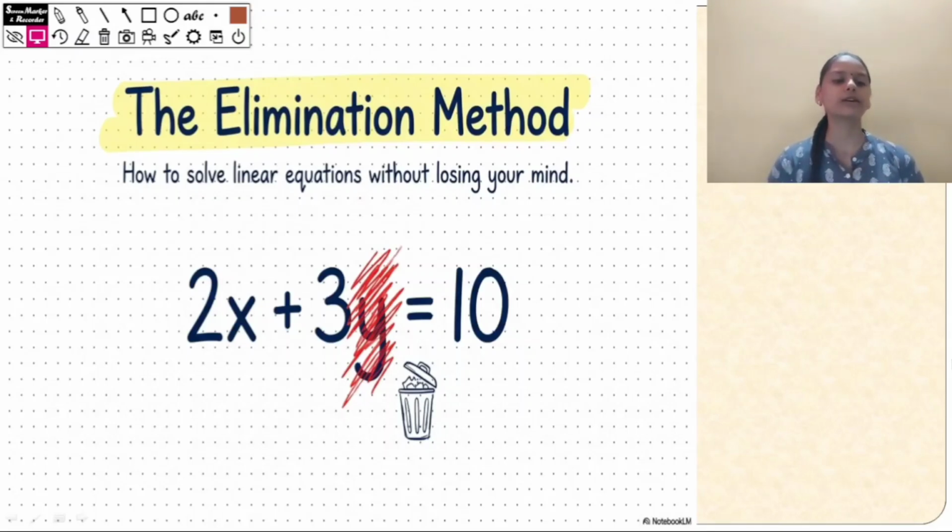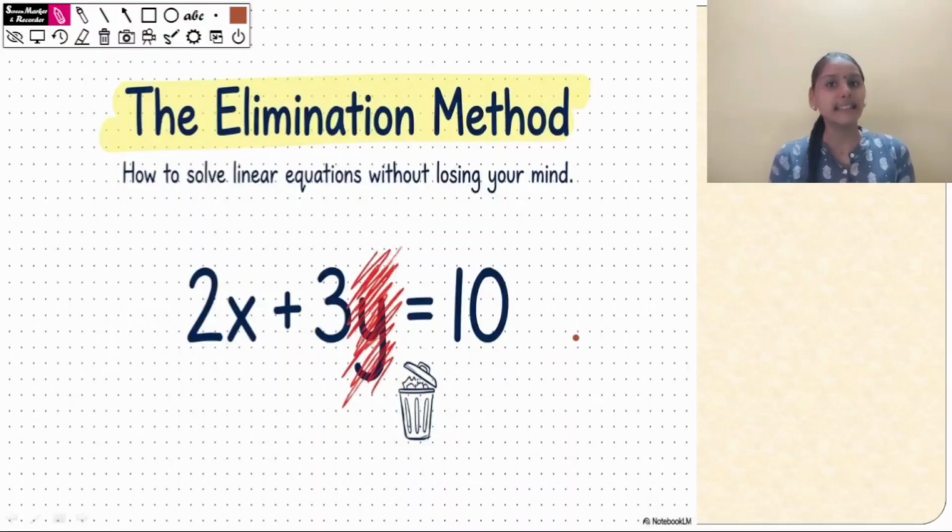First of all, the question is: we already have the substitution method, so why do we need the elimination method? As you can see here, you always had to take one equation and write it in terms of x or y. You had to write it in the form of x, or in the form of y, then take that value, substitute it in the first equation and then solve.